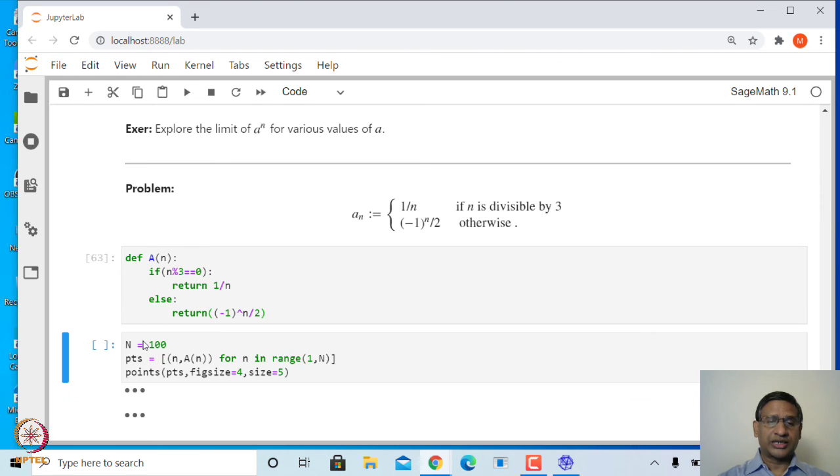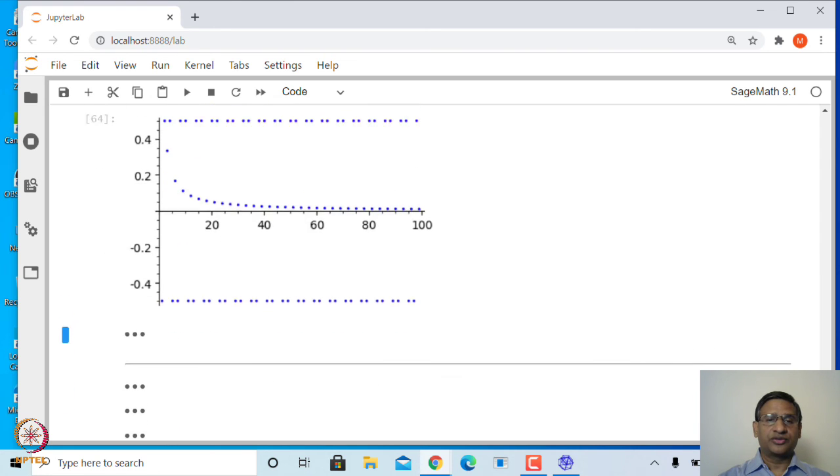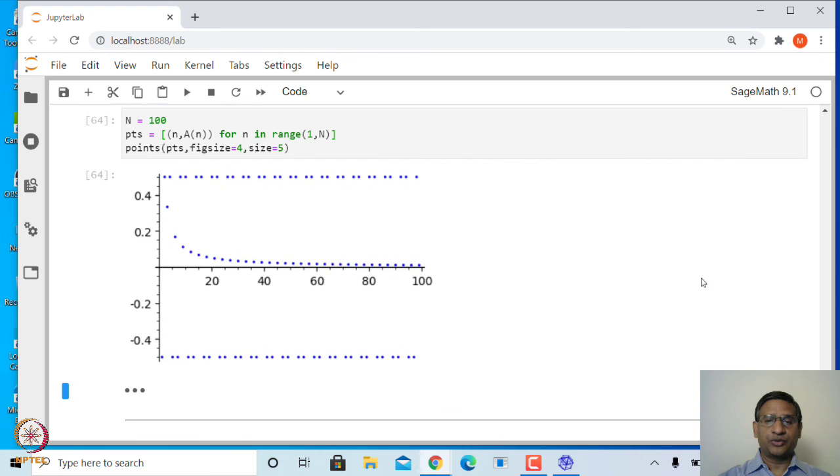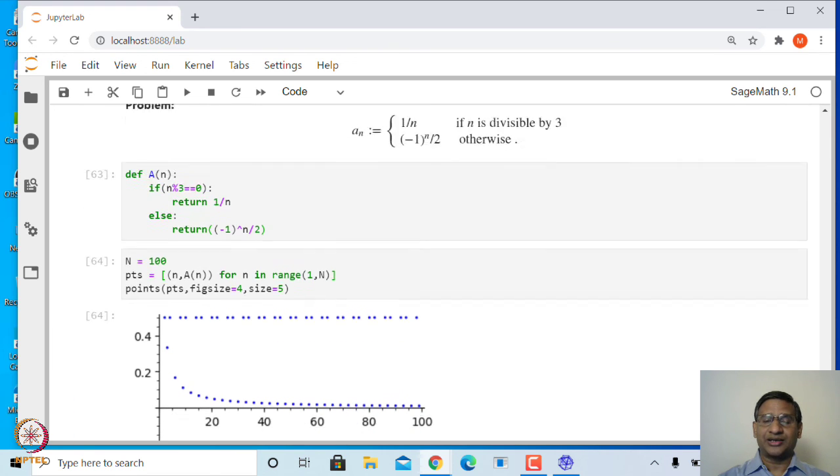So, let us plot maybe the first 100 terms of this sequence. This is how it looks, and you can see the behavior: it goes to the plus side, then the negative side, which is quite far apart, and whenever n is divisible by 3, it is 1 by n.